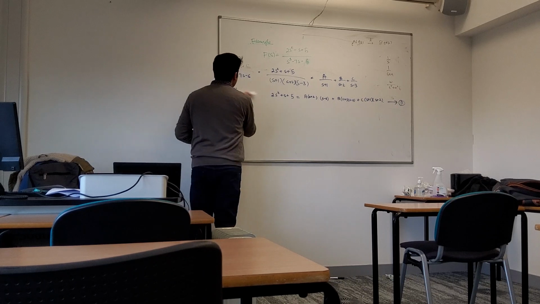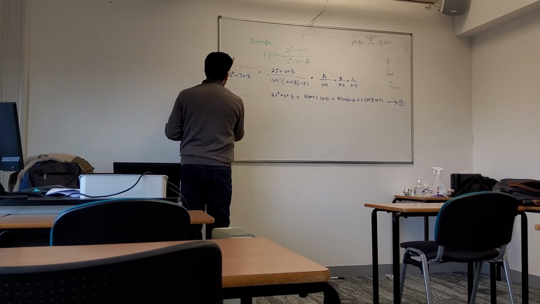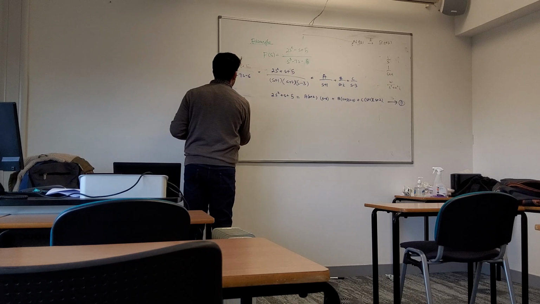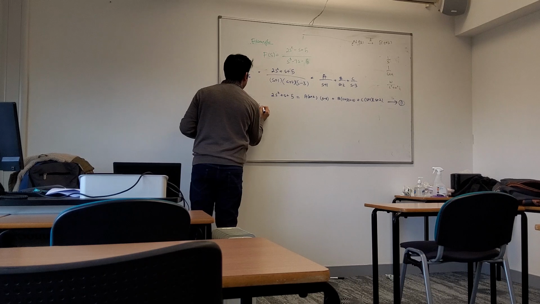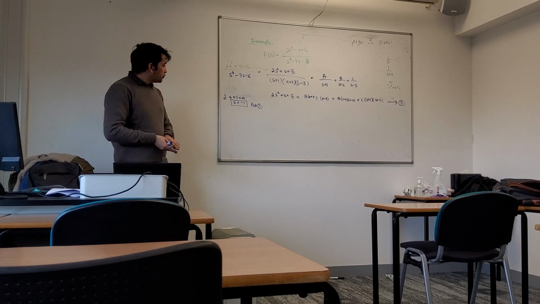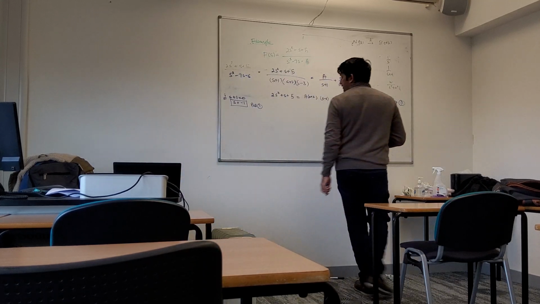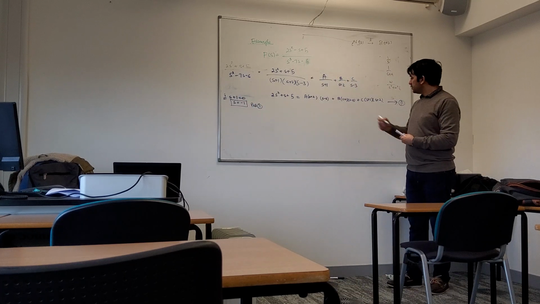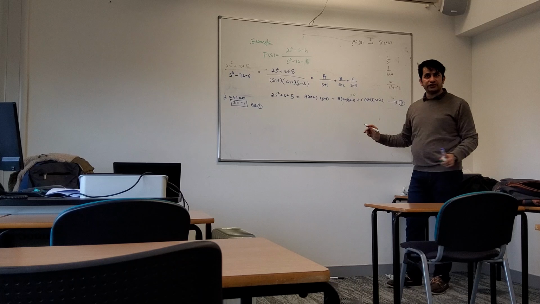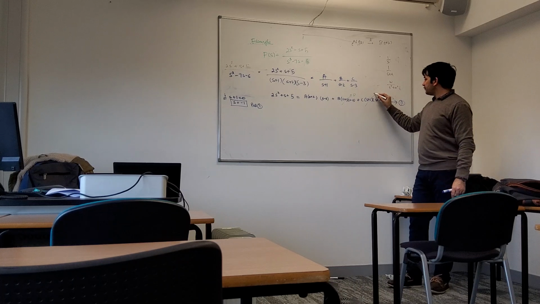We take each root. Let's take s plus 1 equals 0. This means that s equals -1, and we put it in equation 1. When I put s plus 1 equals 0, clearly this term gets 0 and this term gets 0.